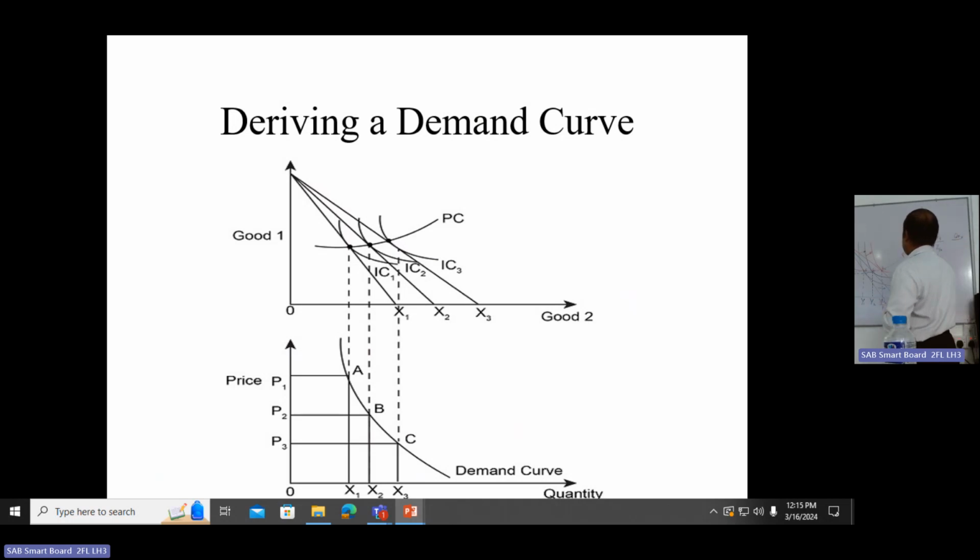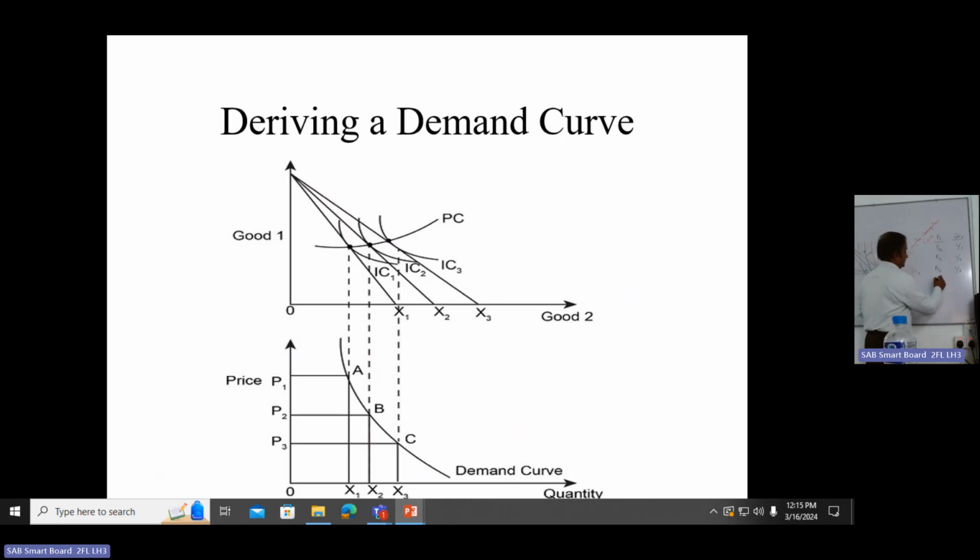From PY0, the quantities were Y1, Y2, Y3. When the price decreases, the quantity demanded always increases. So we can take the price and the quantity demanded, and you can draw the demand curve.